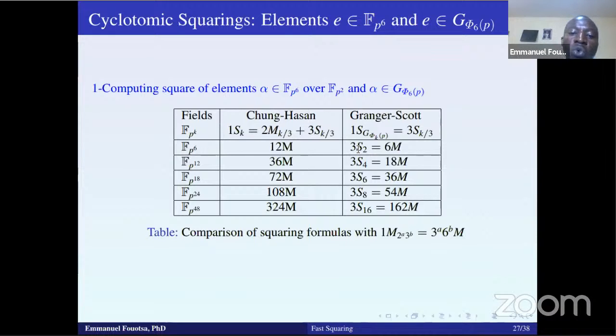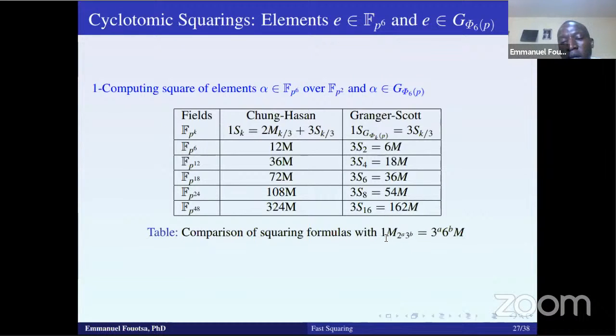It enables us to reduce to half the cost of squarings there. So this formula has been derived in the case where K is of the form 2 to A, 3 to B. People are still thinking, if now we assume that B is equal to 0, the formula will not really work.